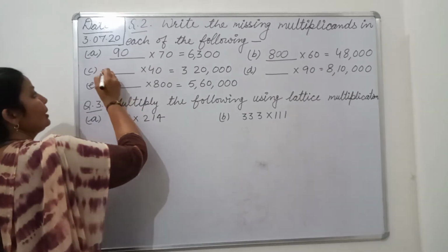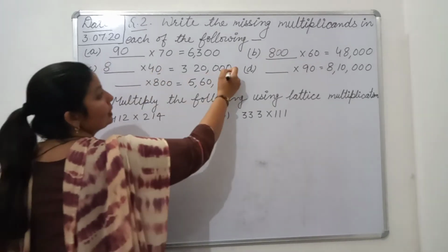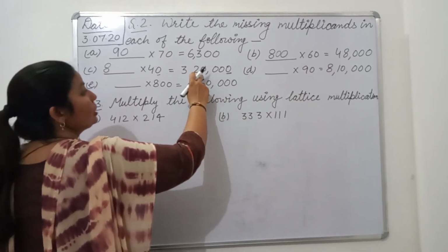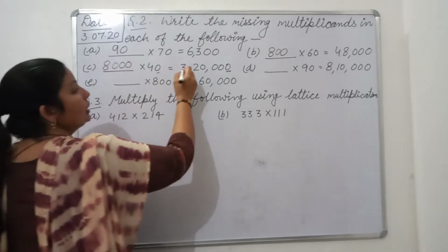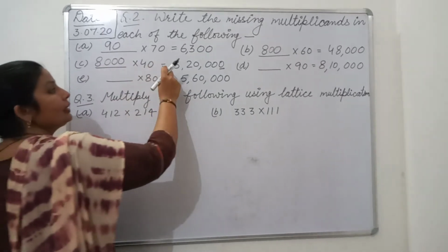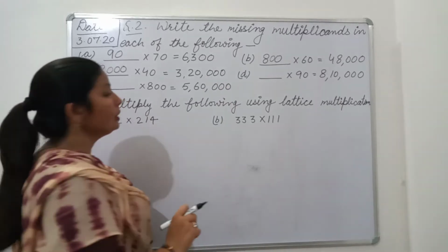So that means here will come 8. Now we will see in 40 there is 1 times 0. Now how many zeros are left? 1, 2, 3. So that many zeros we will use here. Okay. So when we multiply 8000 by 40, then we get 3,20,000. Okay, that's our product.